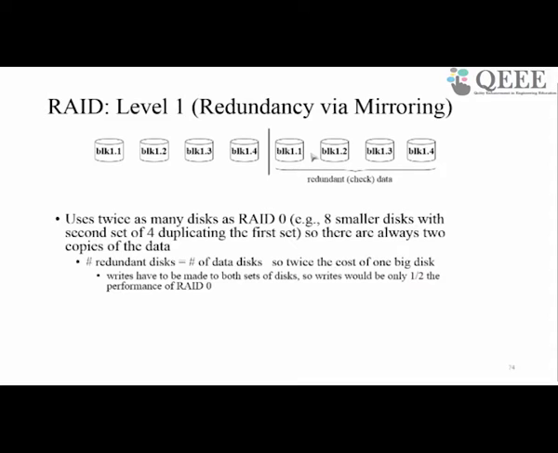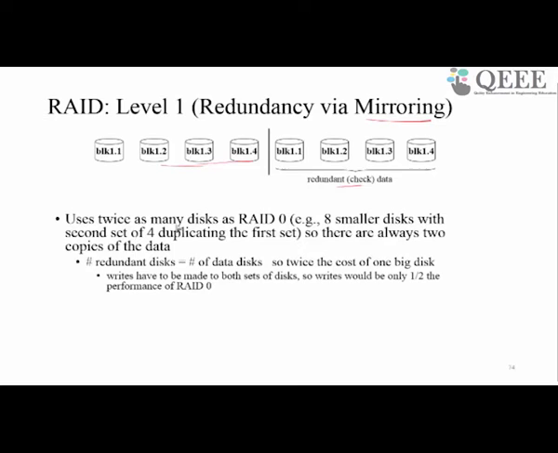Then redundancy can be incorporated by a technique called mirroring, where you have 4 blocks holding the contents. Then you have a set of blocks which mirror the contents of these primary disks. Those are called mirror disks, and their purpose is to act as a backup mechanism.